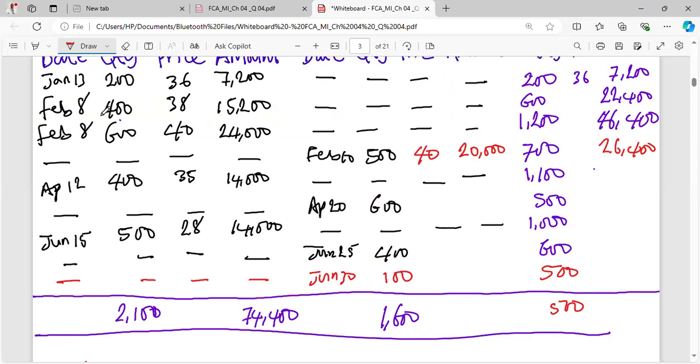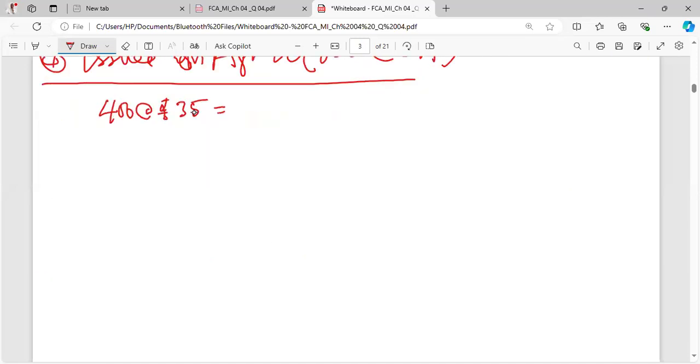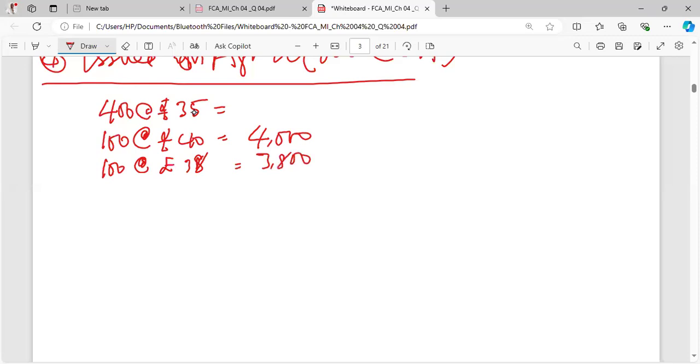And it will remain 100. 100 at 38. 100 at 40. 100 at 38. 100 at 40 will give us 4,000. This will give us 3,800.